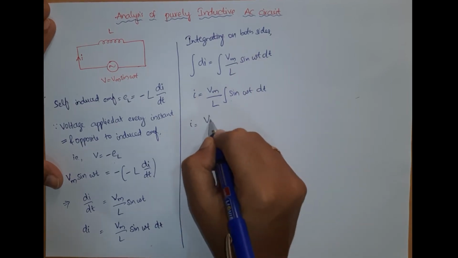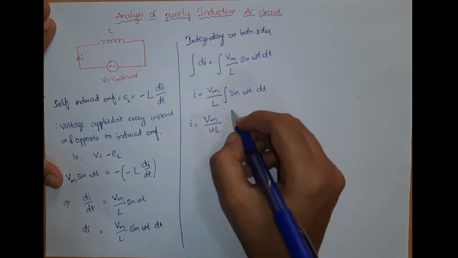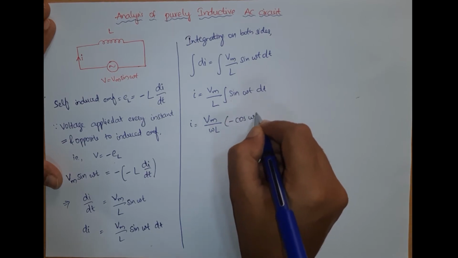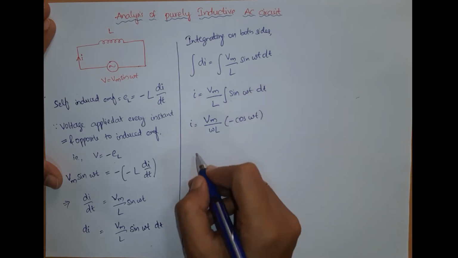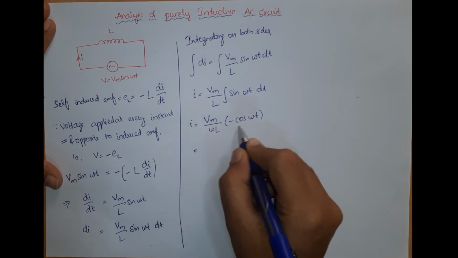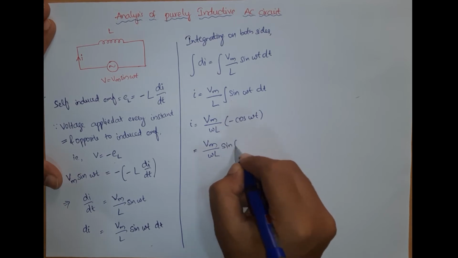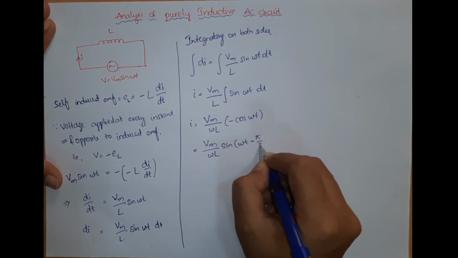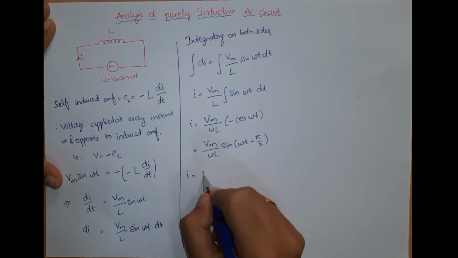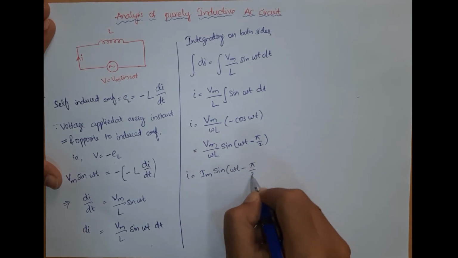So I will be getting Vm by L, and the integration of sin omega t is 1 by omega into minus cos omega t. Finally I can write this as Vm by omega L sin of omega t minus pi by 2, since minus cos omega t equals sin of omega t minus pi by 2. So I am reducing this as Im sin of omega t minus pi by 2.